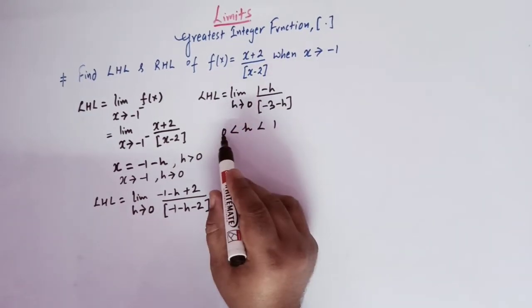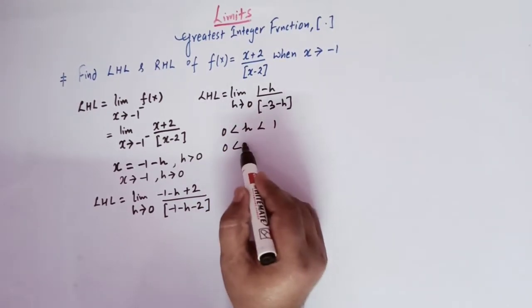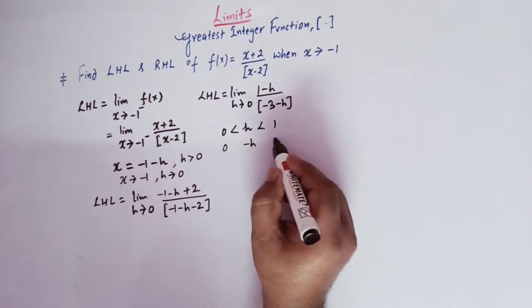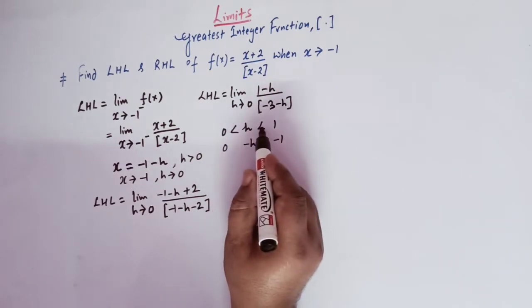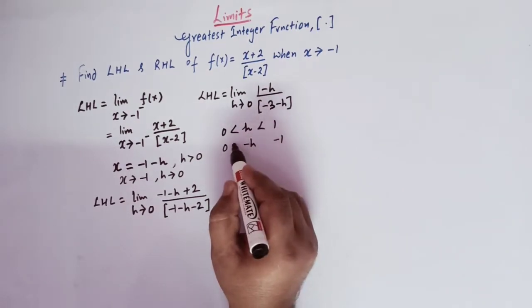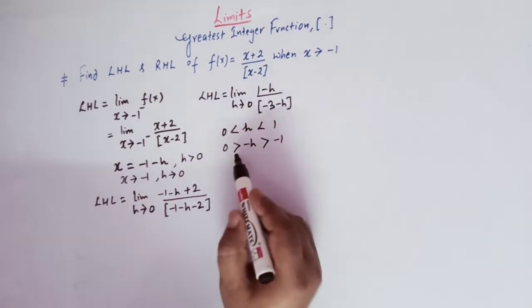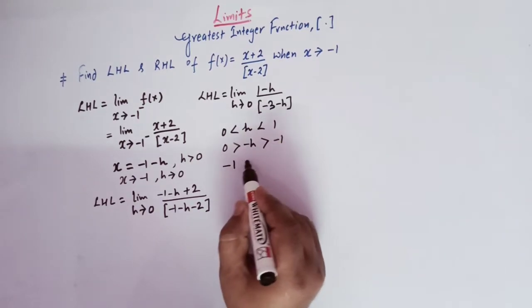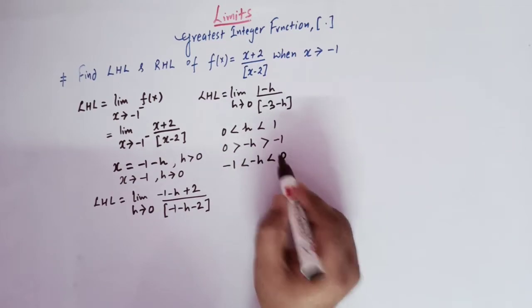We'll have 0, minus h, and minus 1, but the direction of the inequalities will get reversed. So we can write minus 1 is less than minus h, and that is less than 0.